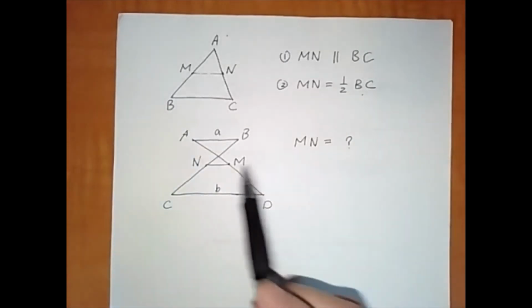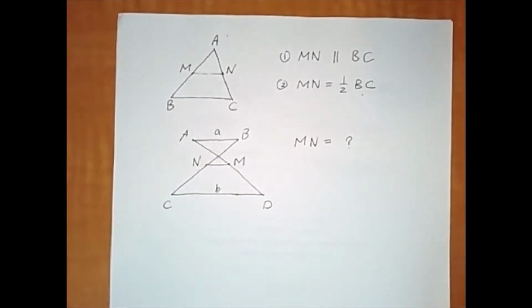To use the midline theorem, we have to create a triangle such that MN is a midline of that triangle. This can be done in many ways. Here's one of them.